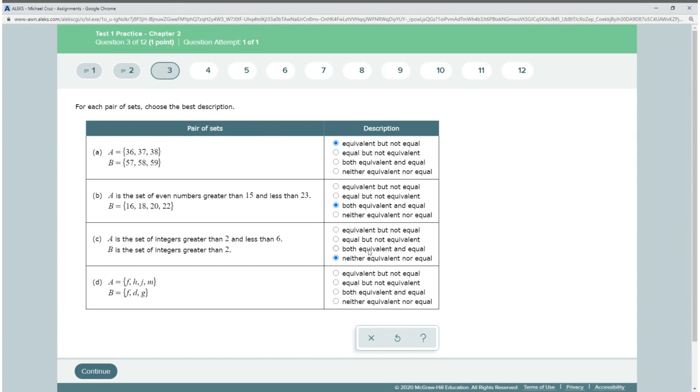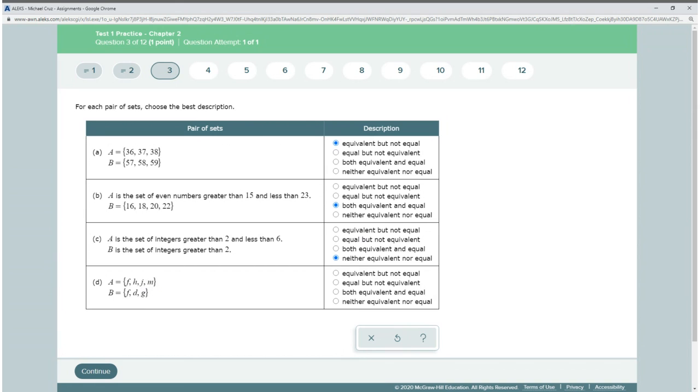All right, and then D is pretty much the same thing. You've got 4 elements in here. Now, just on happenstance, if you have one element that's repeated, like if there were 2 D's in that B set, you only count them once. The repeated elements only count once.